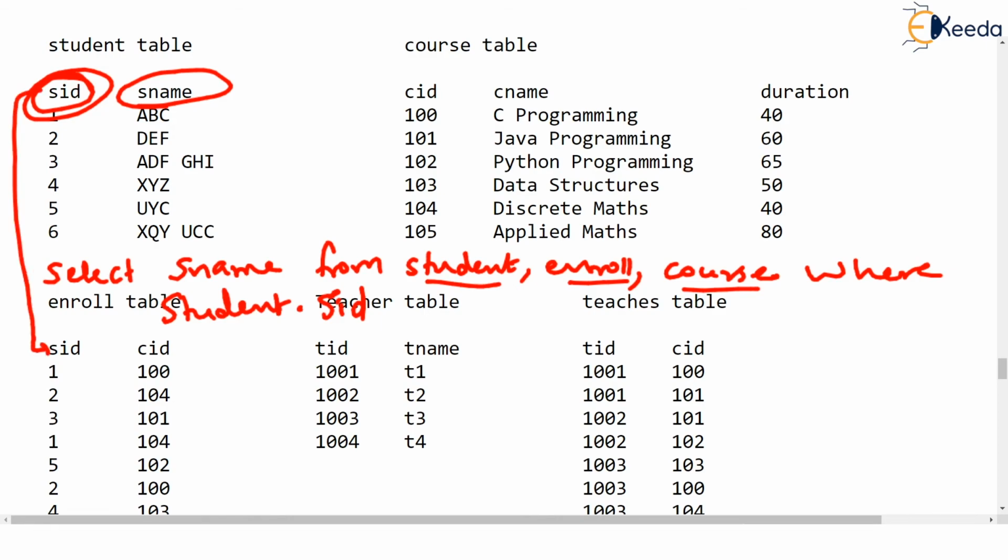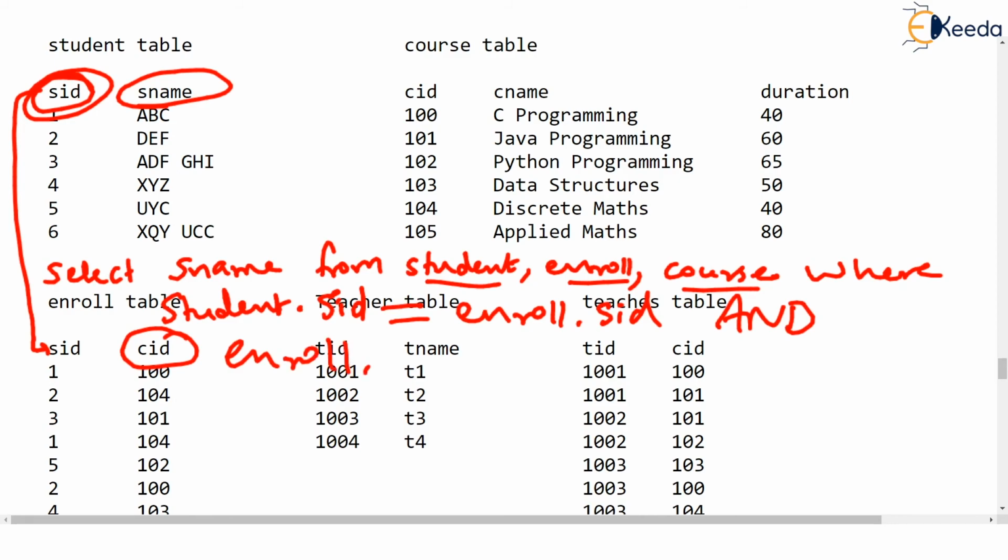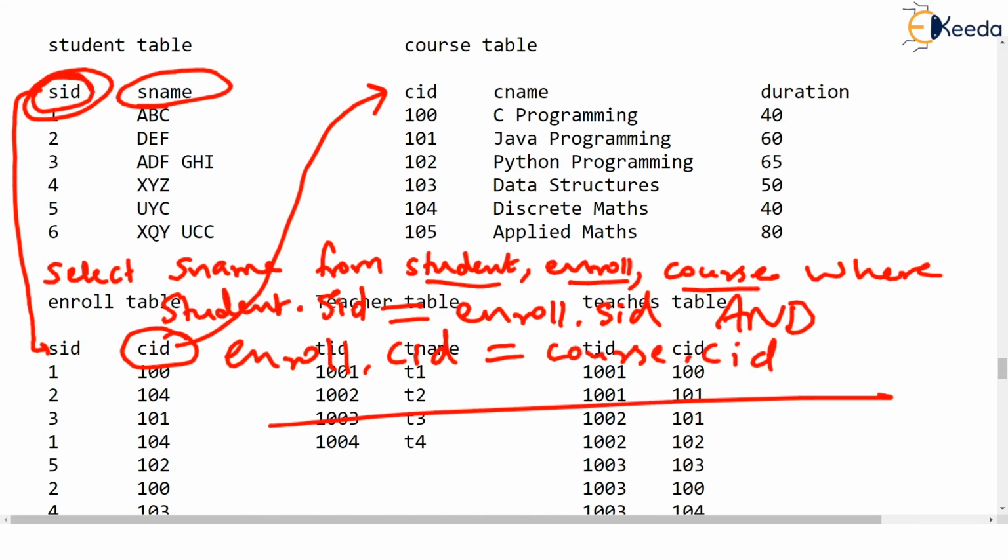So equal to enroll dot SID, and one more condition is that enroll dot CID, so enroll dot course ID, must match course ID of the course table. So course dot course ID. That's it. This is going to give us the information that we need in the query.